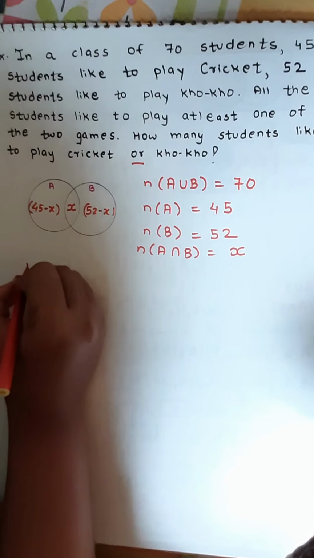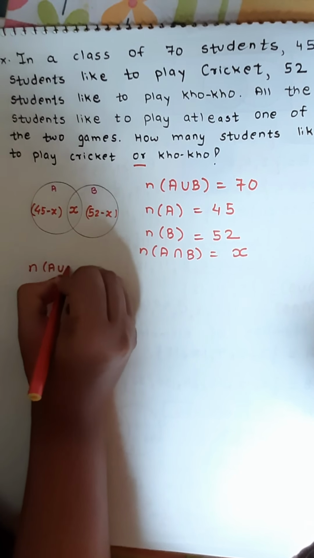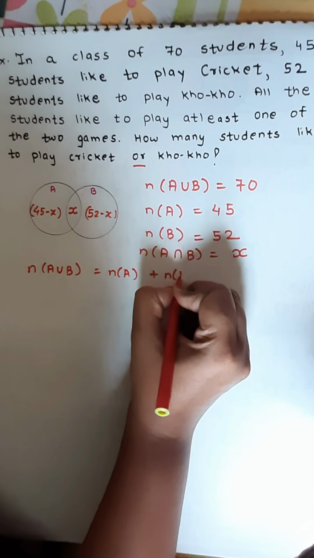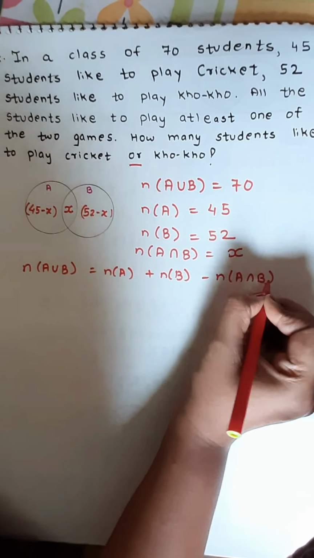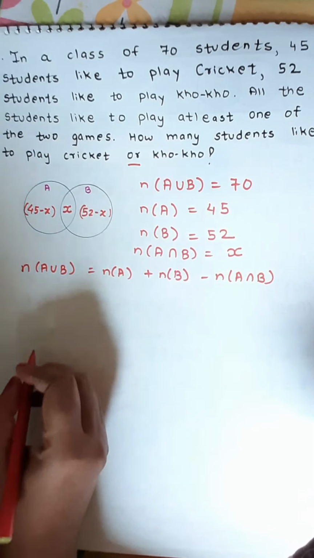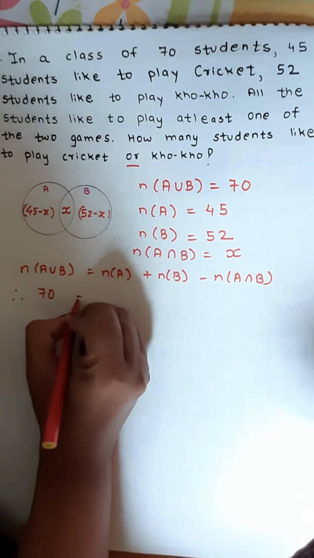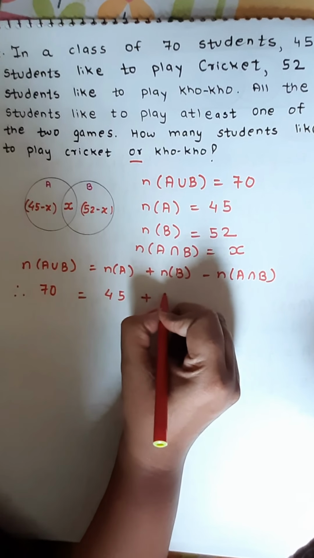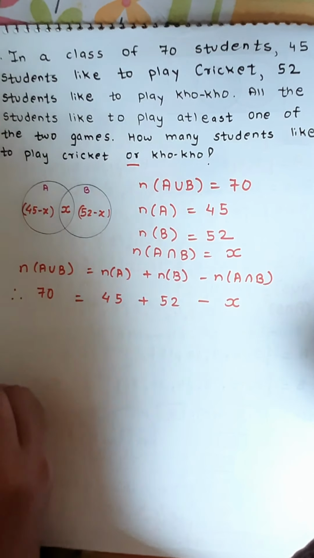So the formula is n of A union B is equal to n of A plus n of B minus n of A intersection B. Now n of A union B is equal to 70, that is equal to n of A, which is 45, n of B, which is 52, and n of A intersection B, which I don't know, I'll write as x.